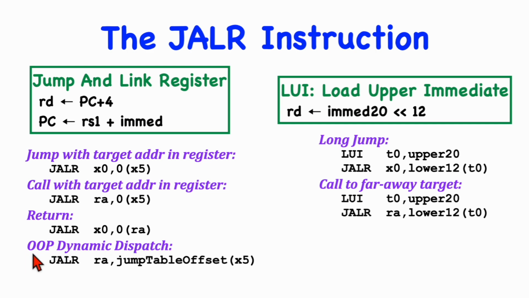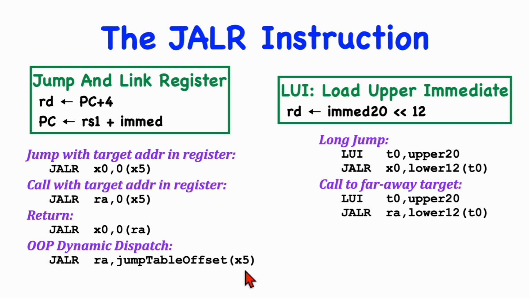And finally, we see an object-oriented programming example where the instruction is used to perform a dynamic dispatch. Imagine that we have the address of a jump table in some register such as X5. This would probably be a pointer to the dispatch table for a class of objects. The entries in the table would be jump instructions to the various method functions.